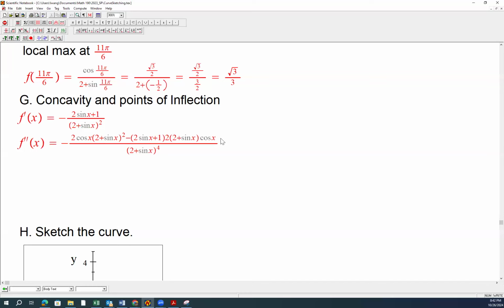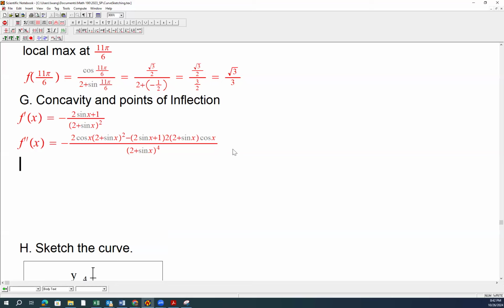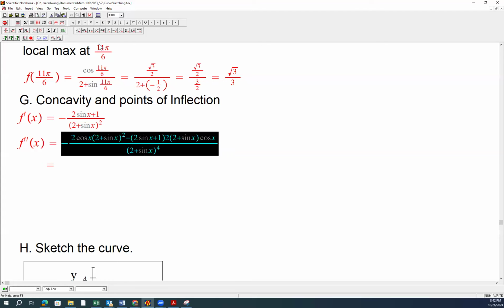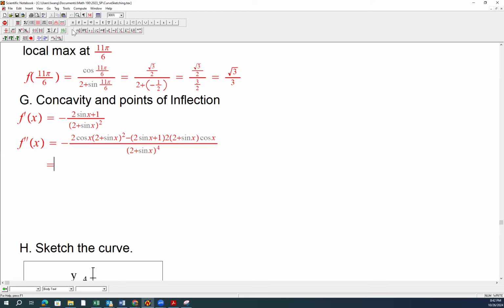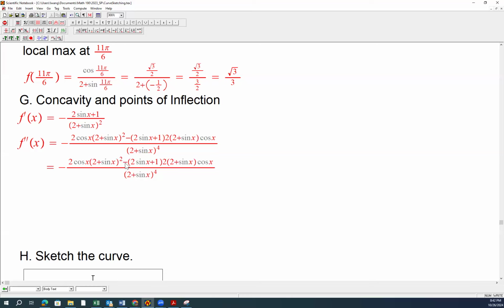This time it calls for our algebraic and trigonometry simplification skill. All right, just follow me very carefully. I'm basically copying and pasting, but I'm going to do some modification here.